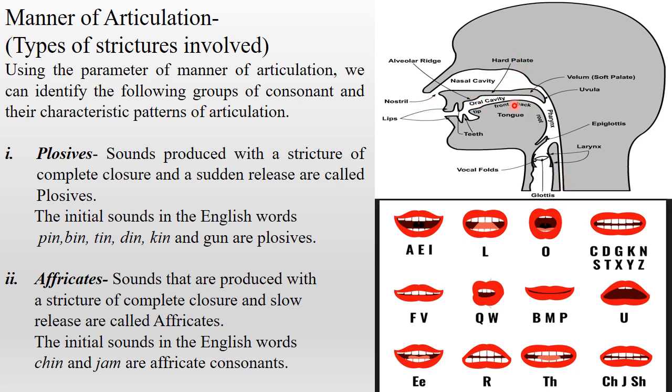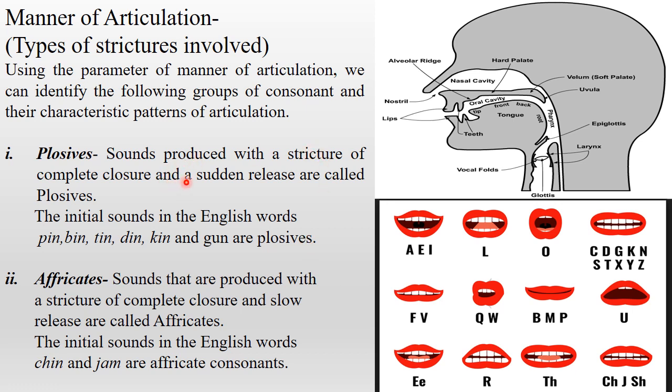The first one is plosives. Sounds produced with a stricture of complete closure and sudden release are called plosives. The initial sounds in the English words pin, bin, tin, din, kin, and gun are plosives.